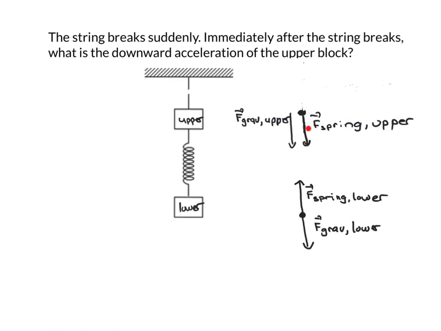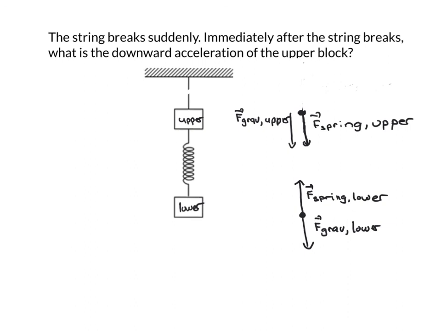But now we see that the spring is also exerting a force of the same magnitude in the same direction. So that's going to double the acceleration. So instead of accelerating downward at 9.8 meters per second squared, the upper block is going to accelerate downward at 2 times 9.8 meters per second squared.